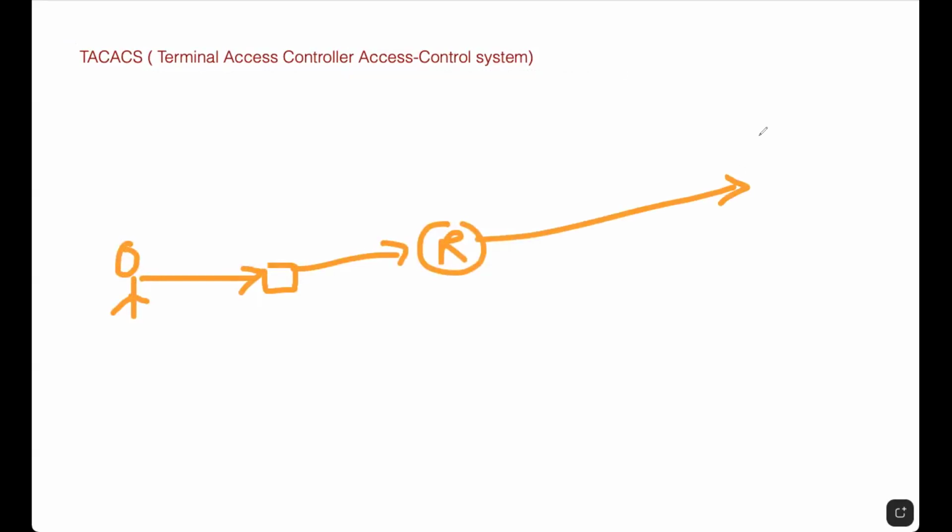So let's say a user logs into the system and is connected to the router where he wants to log in, and this router will be pointed to the AAA server, right?